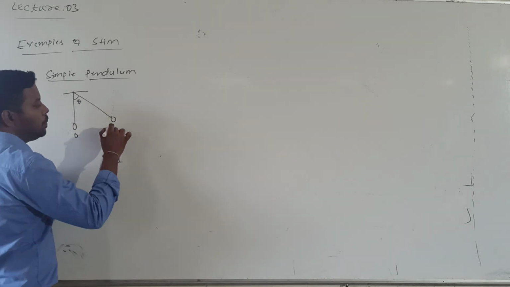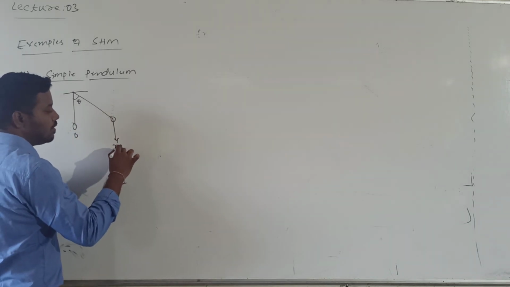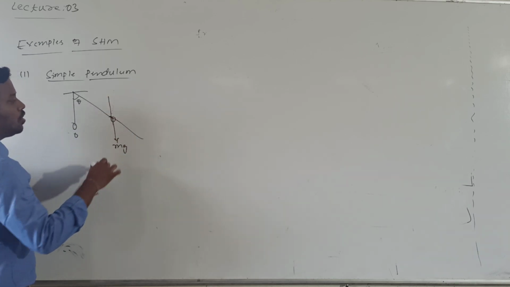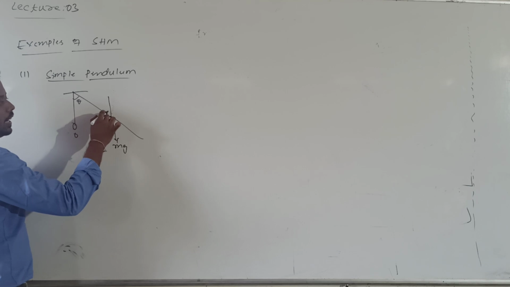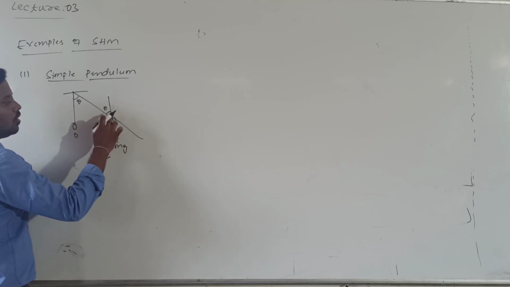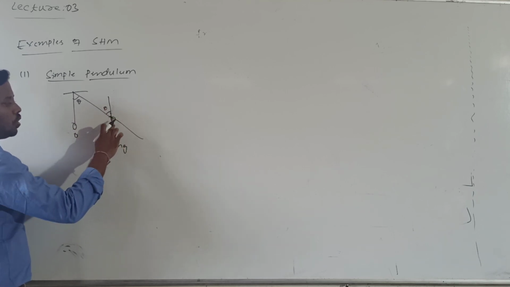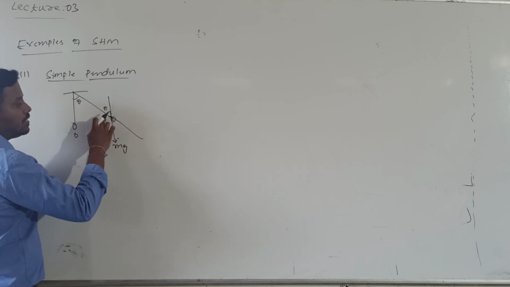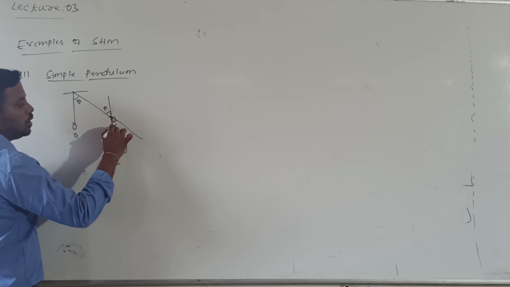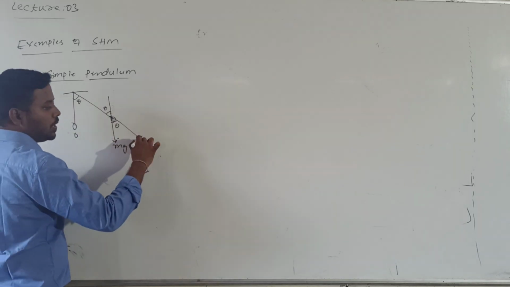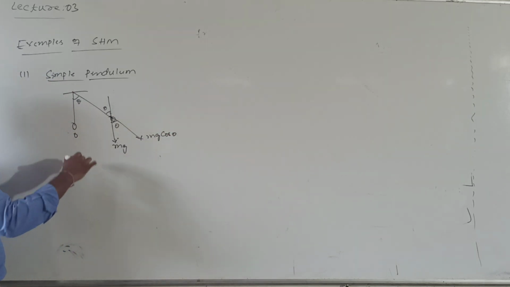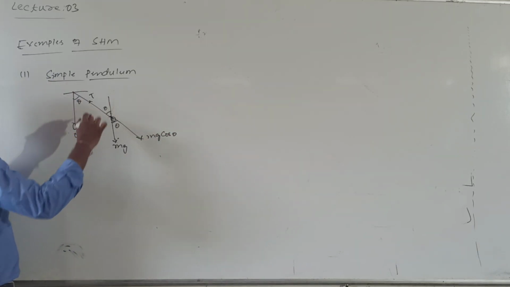When I pull the bob to this position, its weight is given by mg. At this position we can resolve the weight into two components, since weight is a vector quantity. This angle is also equal to theta, so this component is mg cos theta, which is balanced by tension.